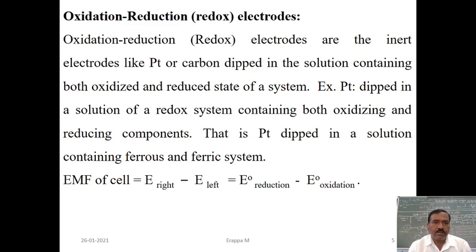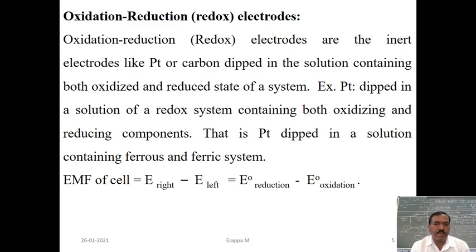First of all, oxidation reduction is nothing but redox. Oxidation reduction electrodes are inert electrodes like platinum or carbon dipped in a solution containing both the oxidized and reduced states of a system.